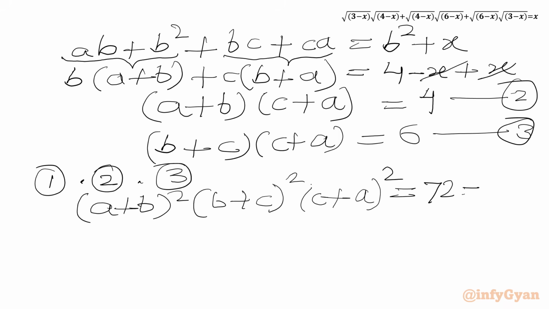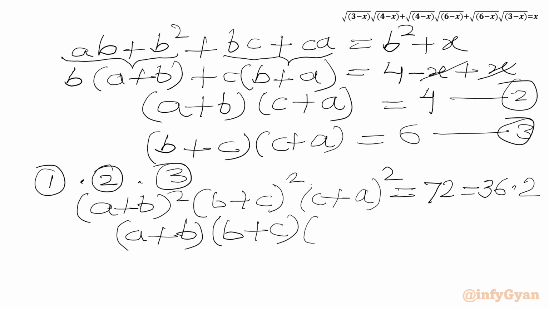Now 72 can be written as 36 times 2. So in LHS we can write A plus B times B plus C times C plus A whole square equal to 6 square root 2 whole square.